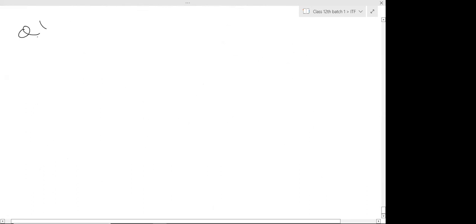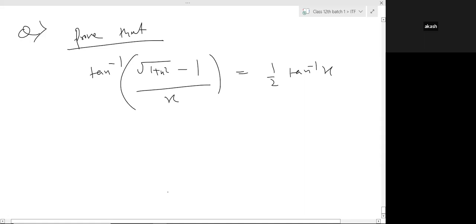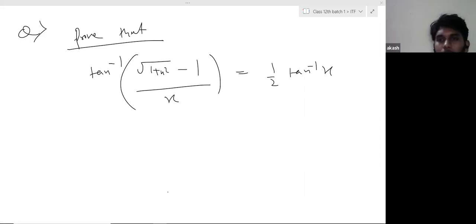Next question. Prove that tan inverse of square root of 1 plus x square minus 1 upon x is equal to half of tan inverse x. Right, this question is for you also.